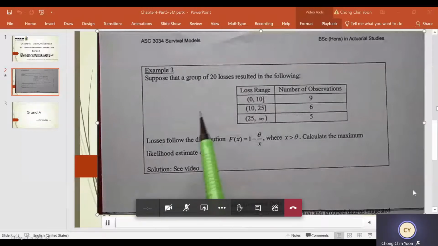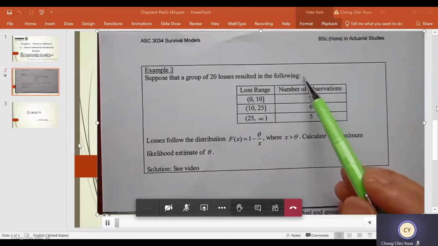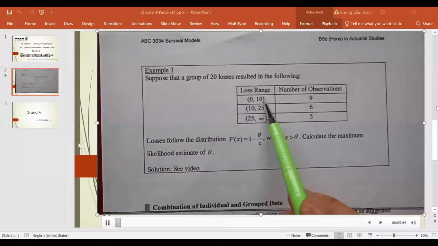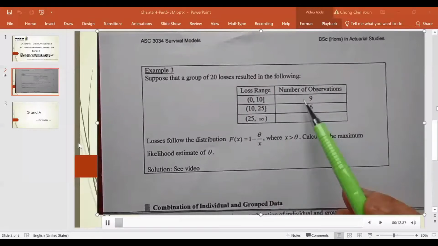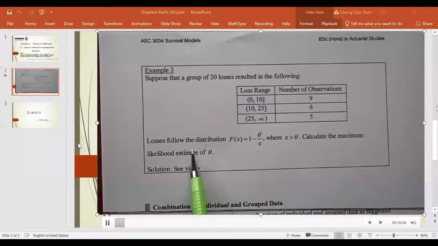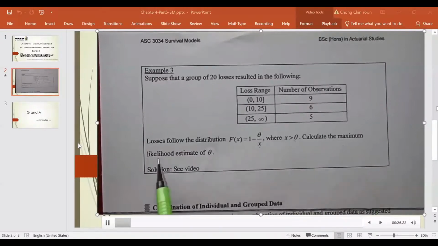Suppose that a group of 20 losses resulted in the following chart. That is the loss given in terms of groups with the corresponding number of observations. Suppose losses follow the distribution given by this CDF, where X is strictly greater than the parameter theta. Calculate the maximum likelihood estimate of theta.